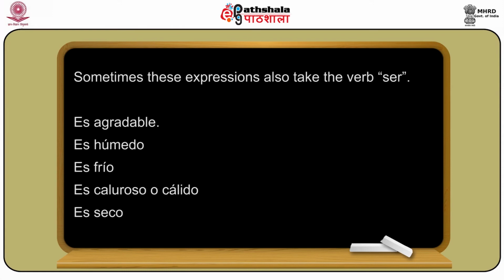If you want to say it is humid, then we will say es húmedo. If you want to say it is cold, es frío. If it is warm, we will say es caluroso or cálido. If it is dry, then we will say es seco. But remember, the verb ser normally describes the climate of a place.